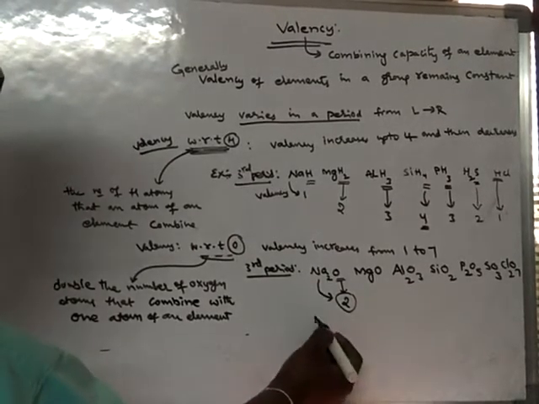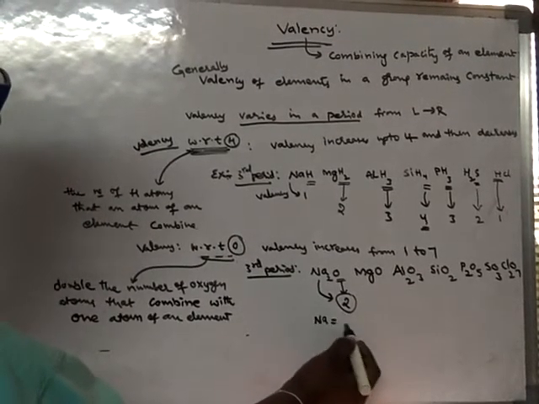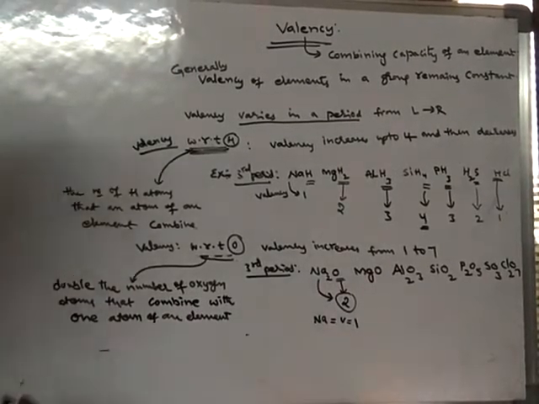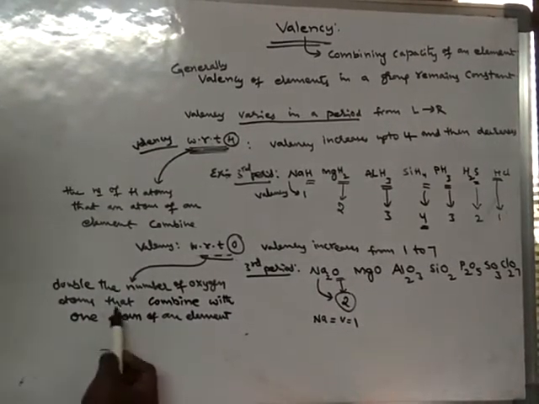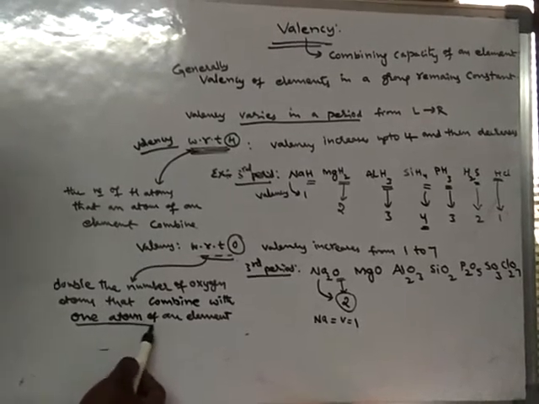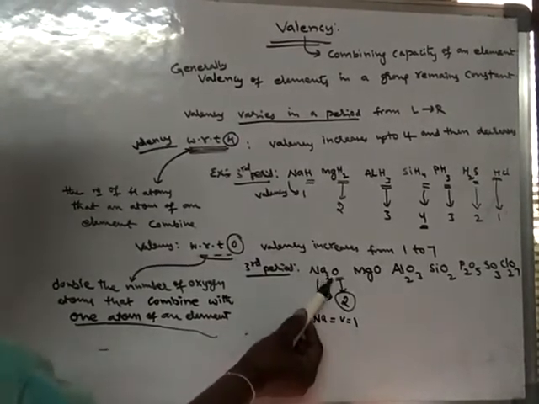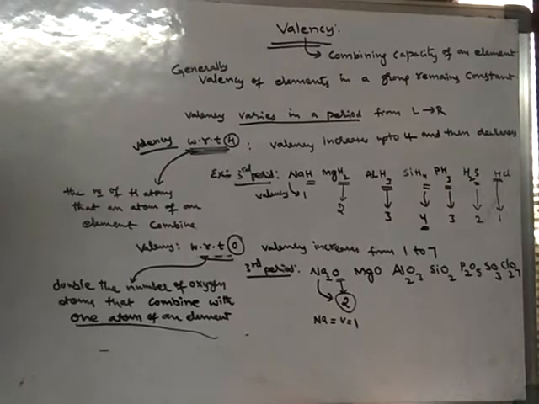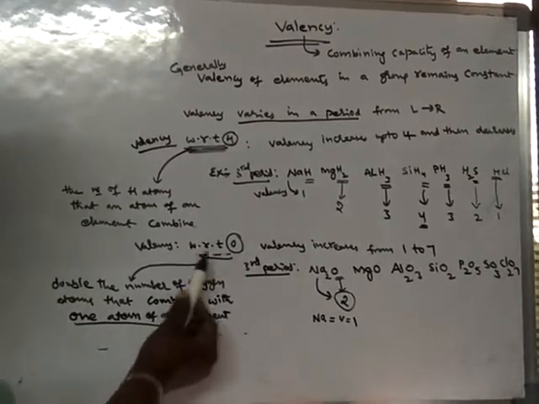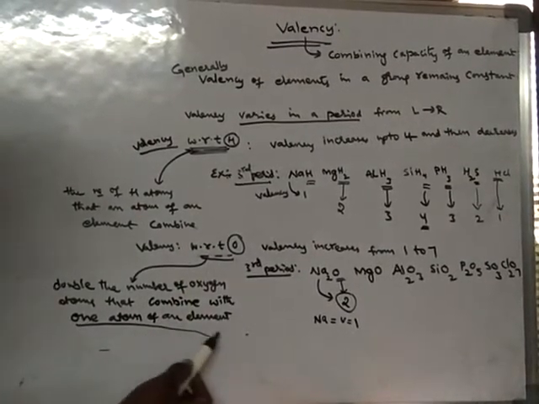So for one sodium atom, the valency will be equal to 1 only, because we have to see for one atom of an element. So always we have to calculate valency for one atom of an element.